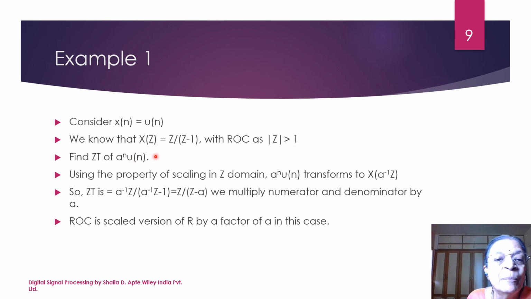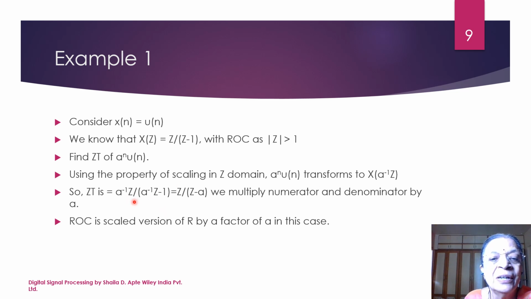Now if I multiply this u(n) by a raised to n, then what will happen? Using the property of scaling in the z domain, a raised to n u(n) will transform to X of z divided by a, that means a inverse z. So wherever there is z, I will have to replace it by a inverse z.